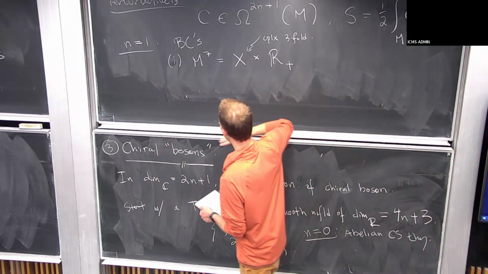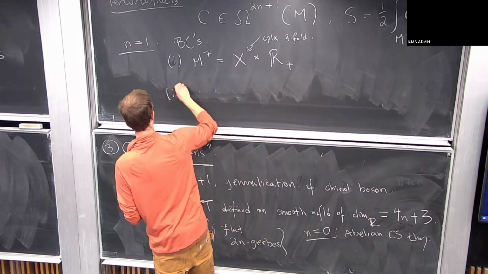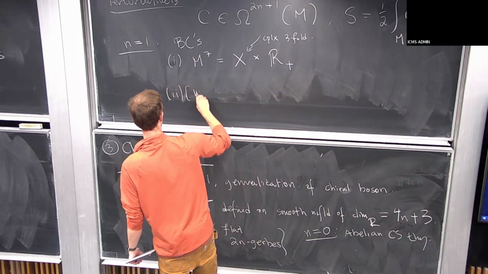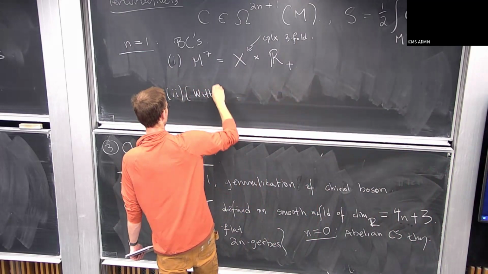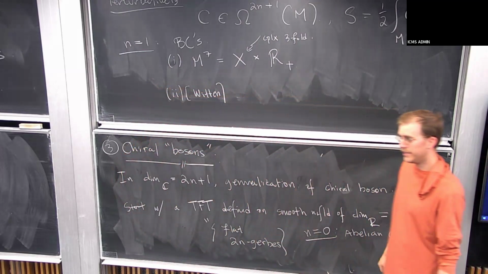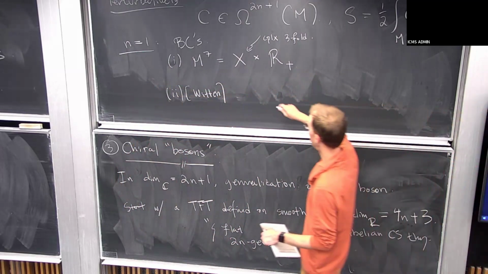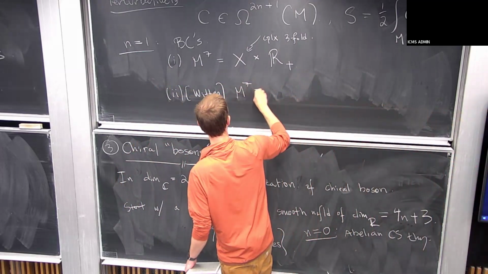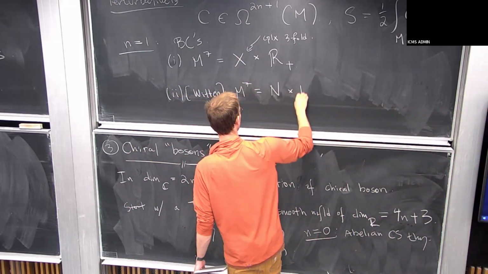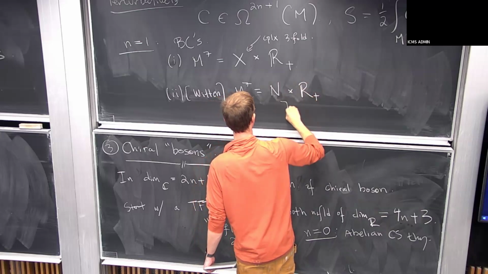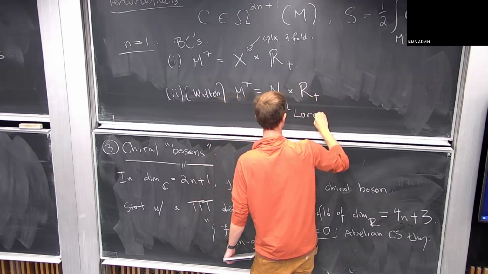But there's a second one, which is studied by Witten, in his quantization of the M5 brane theory, where M here is taken to be a product of a Lorentzian 6-manifold.